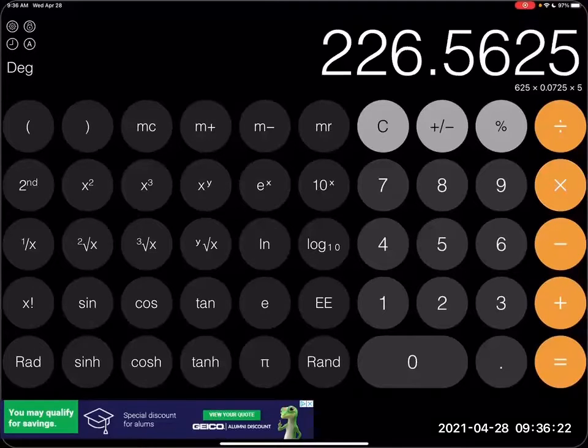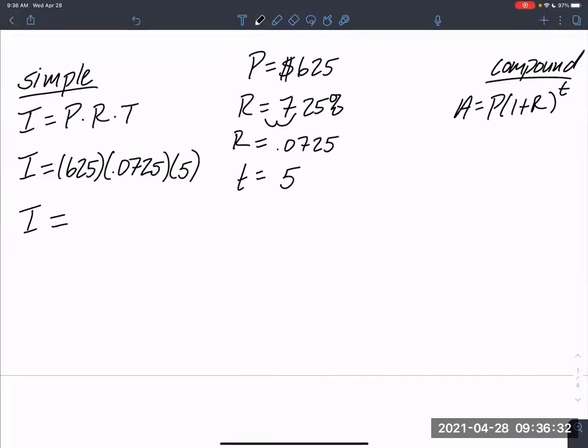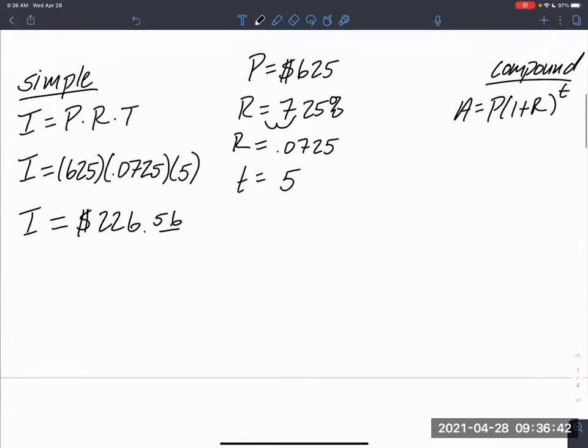Is that what you guys got? Confirm if I did it wrong. Okay. 226.56. So interest is 226.56. Now keep in mind, this is only your interest. It's not the entire amount.